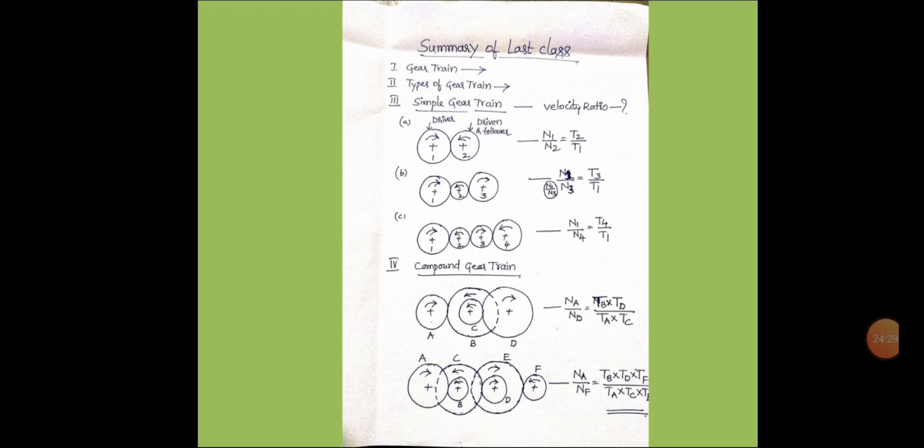This is the summary of the last class. So, why actually I took around 20 to 25 minutes: as the gear trains were started in the last class itself, I thought it is better to revise and show how to remember, so that it is not only a recalling of the last class.